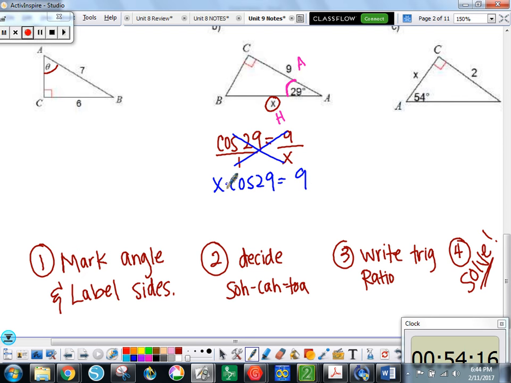And then the x and the cosine are connected by a multiply, so you have to cancel the multiply, which would be divide. So let's divide by the cosine of 29. So your missing side x equals 9 divided by the cosine of 29.